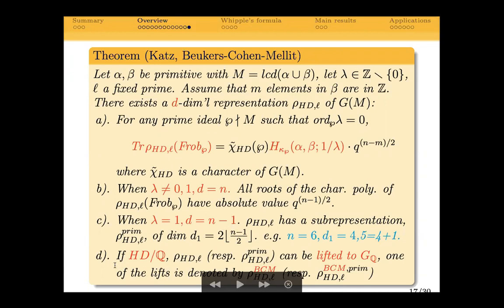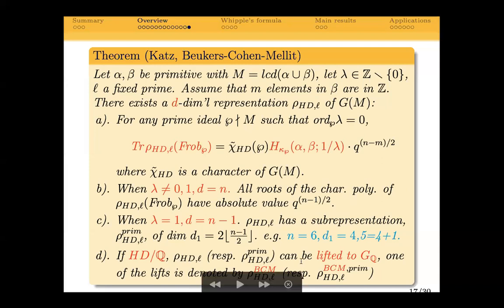The contributions of Beukers, Cohen, and Mellit mainly come in the last item. When alpha and beta are defined over Q, then this character sum can be lifted to all the Frobenius over F_p, so the Galois representation can be lifted to G_Q. The formula can be written using the multiplication formula, giving a formulation which is independent of the requirement that q be 1 modulo m.